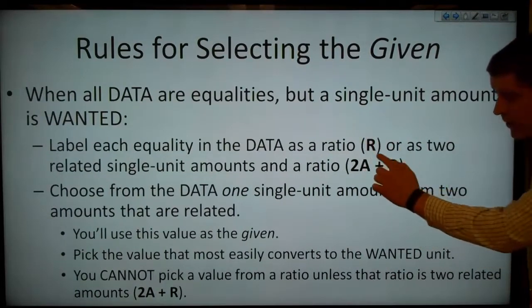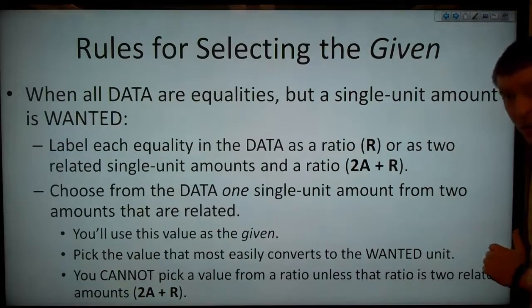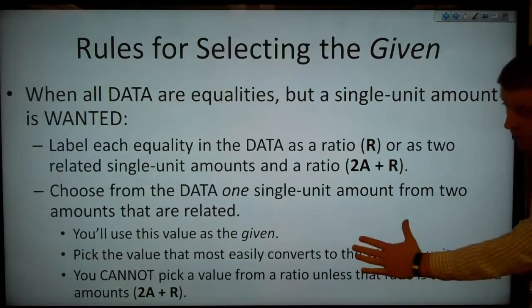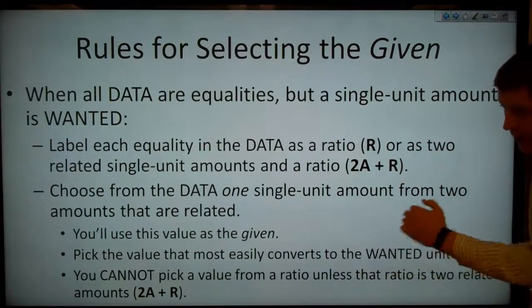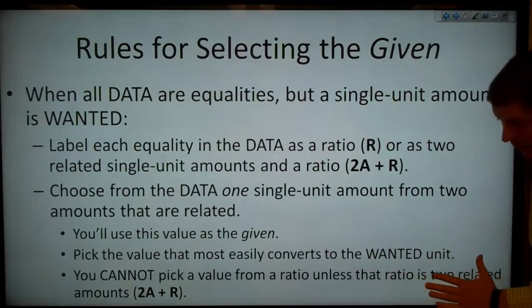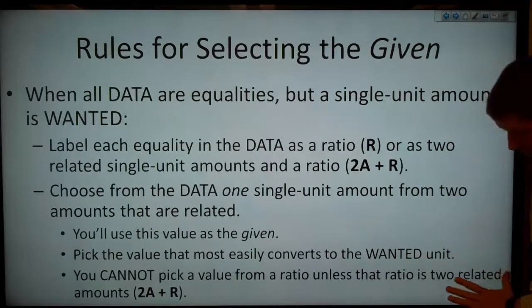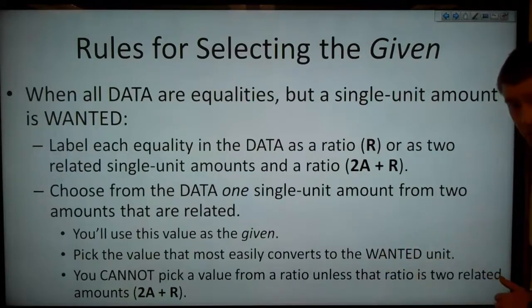So you don't get to pick from those things that you have labeled R, you only get to pick from those things you have labeled 2A plus R. And then you use this value as the given and pick the value that most easily converts to the wanted unit, but you cannot pick a value from a ratio, something that you've labeled R, unless that ratio is two related amounts, so the 2A plus R.